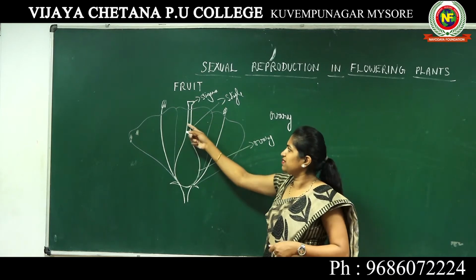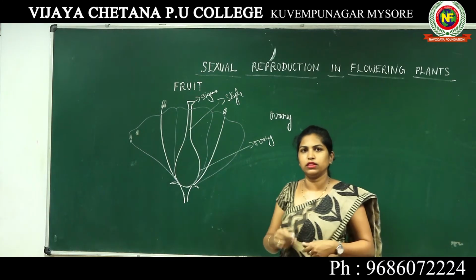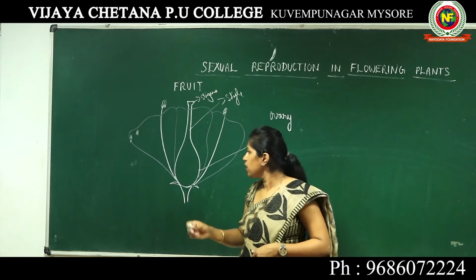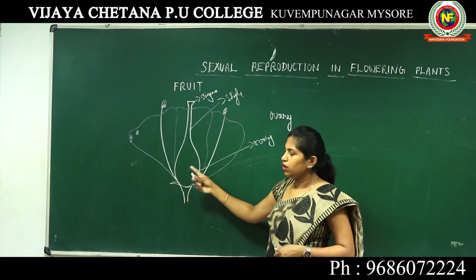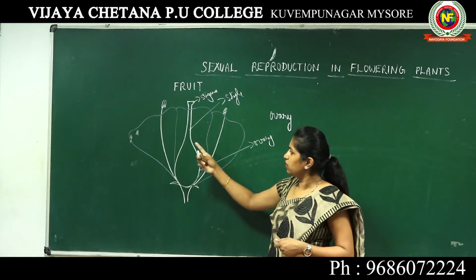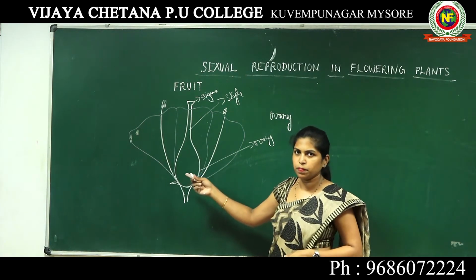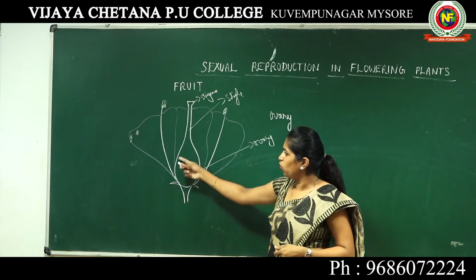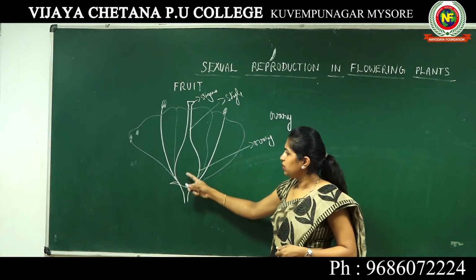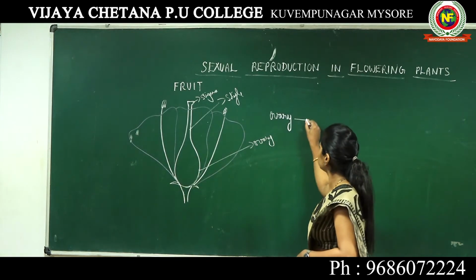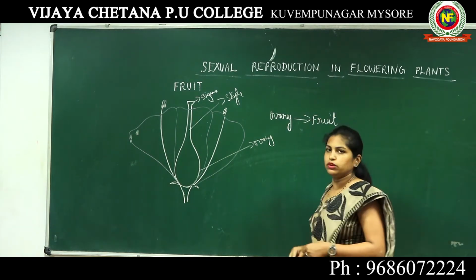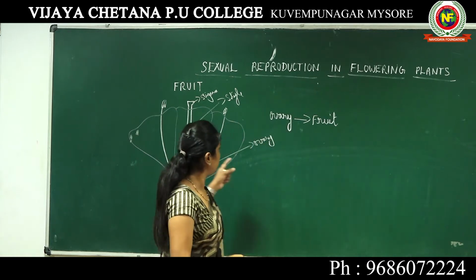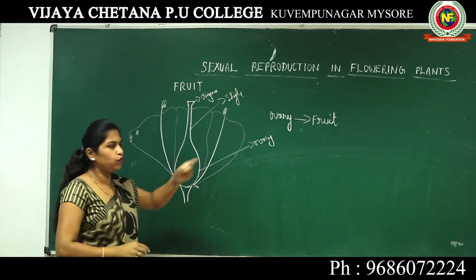The stigma and style, their job is done when pollination is done. Now the only part left here is the ovary. Once fertilization is done, the whole ovary develops into a fruit.